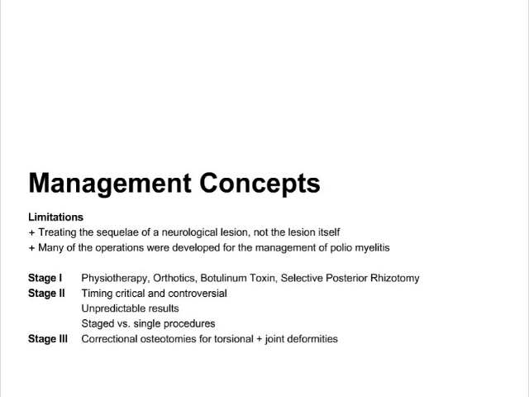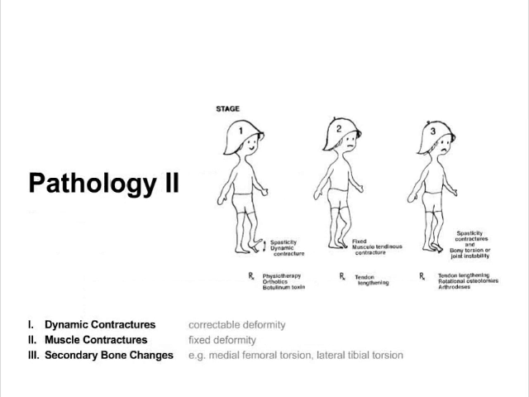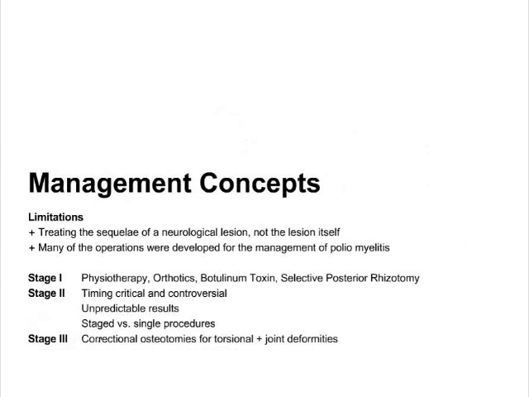Stage 2 is where you have fixed contractures, but not yet any bony deformity. This timing is critical for surgery, and indeed results again have been shown to be quite unpredictable. Given that there is often multi-joint involvement and indeed secondary compensation by muscle groups and joints, there has been a lot of controversy around whether staged or single procedures are in the patient's best interest.